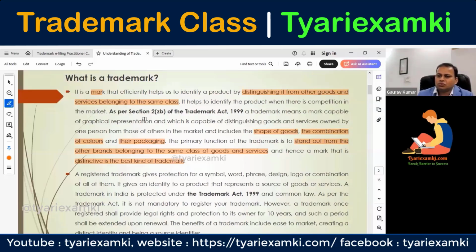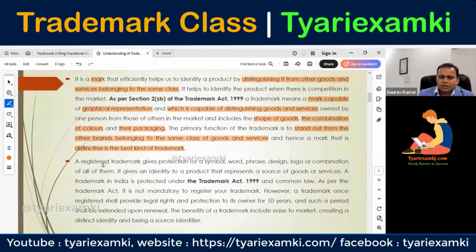Now, as per Section 2, subsection (zb) of the Trademark Act, a trademark means a mark capable, and this is a very important point, a mark capable of graphical representation, that could be a device also, and which is capable of distinguishing goods and services owned by one person from another person in the market. And what kind of mark could it be? It could be a shape of goods, a combination of colors, a combination of their packaging, or a combination of their name also.